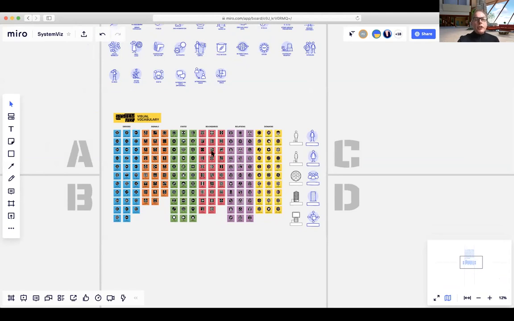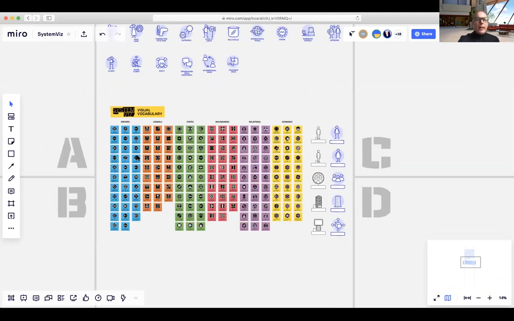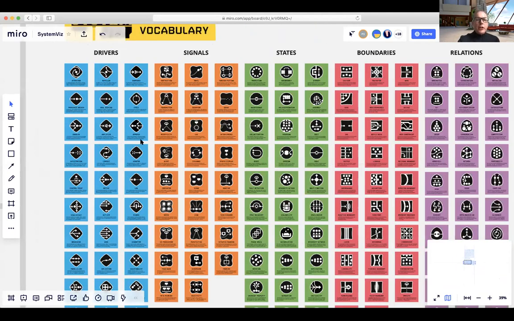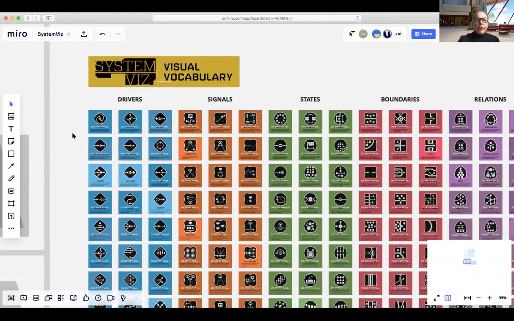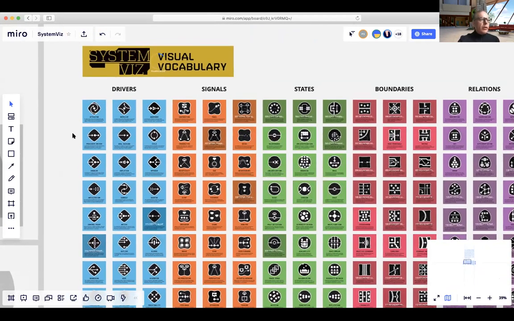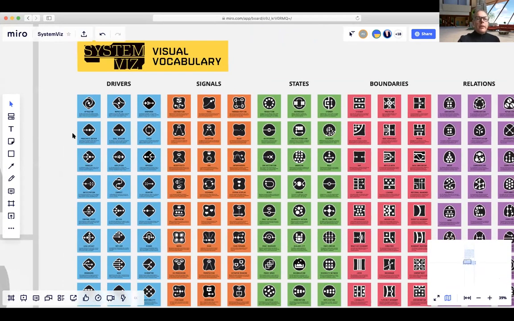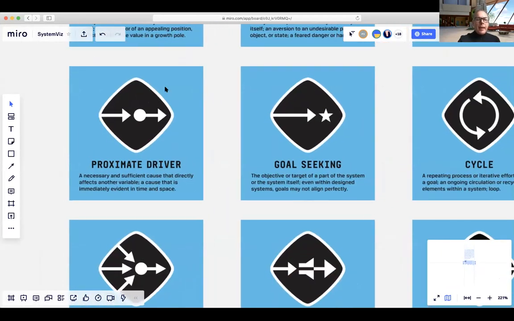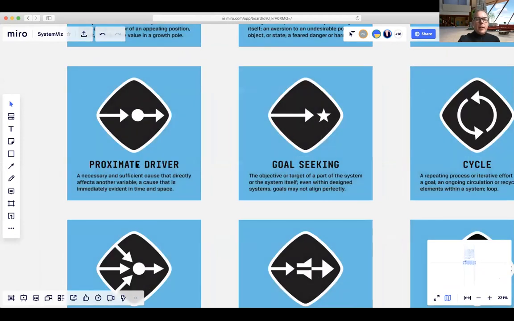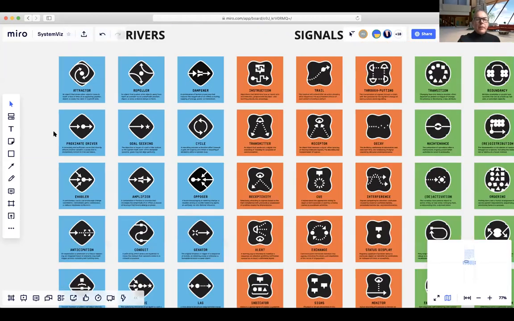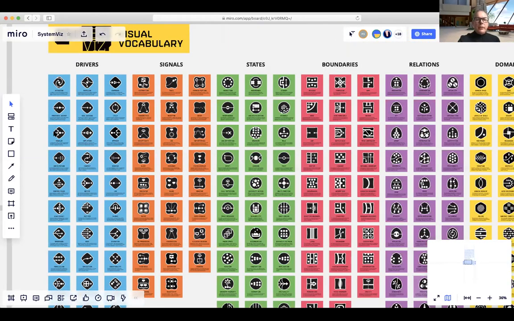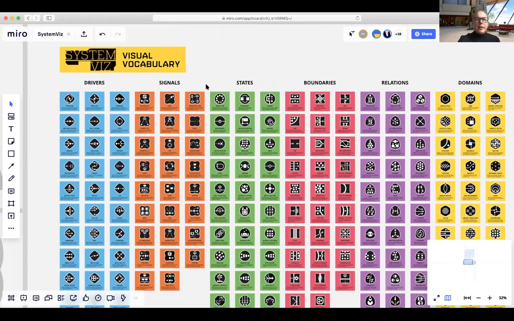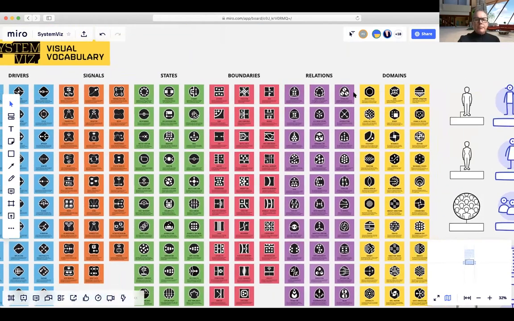And I'm going to show you a little bit about how I lay this out. So here's the visual vocabulary itself. It's the same as the one on the poster, but it is in the form of these chips. And each chip has an icon, a label, and then a generic description. So normally we'd be able to play with these, but they're divided into the 6 different families.